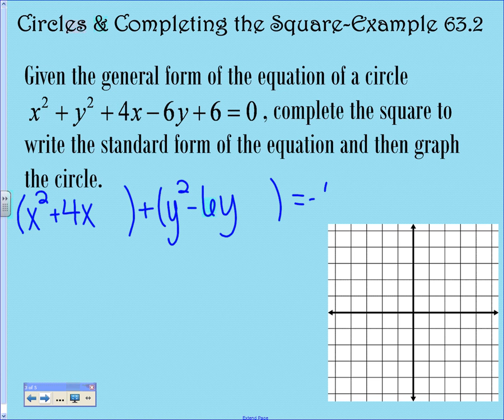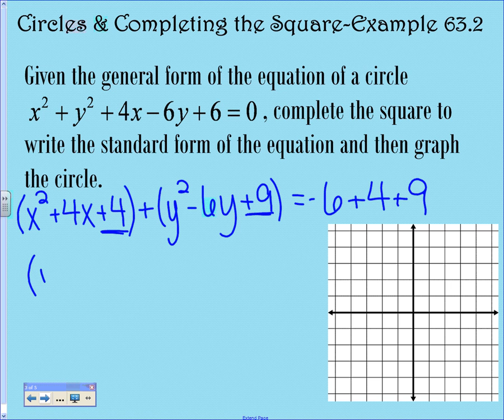Negative 6. Now what? So what number goes here? Okay, so we add 4 on the right. What number goes here? Plus 9. So you add 9 to the right.